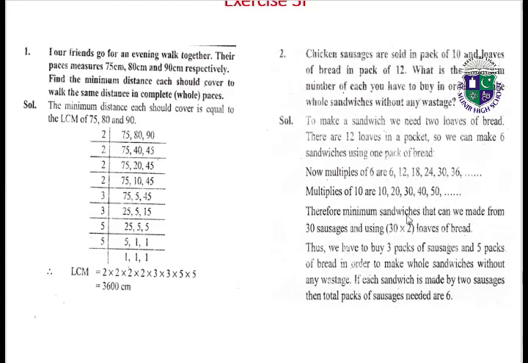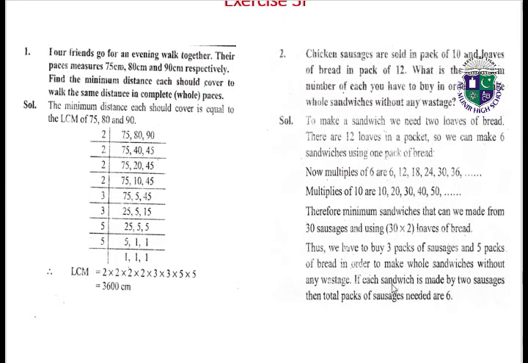Therefore, the minimum number of sandwiches that can be made is 30, using 30 multiplied by 2 loaves of bread. Thus, we have to buy 3 packs of sausages and 5 packs of bread in order to make whole sandwiches without any wastage.